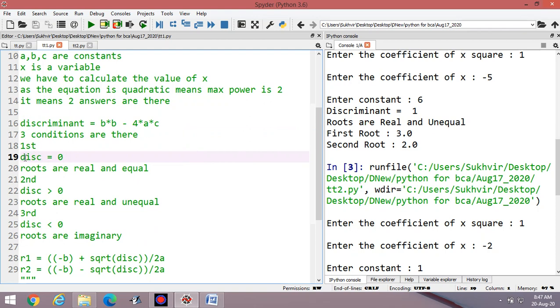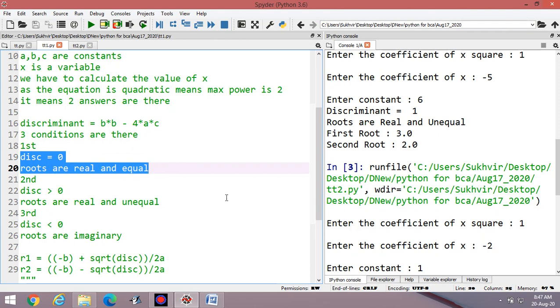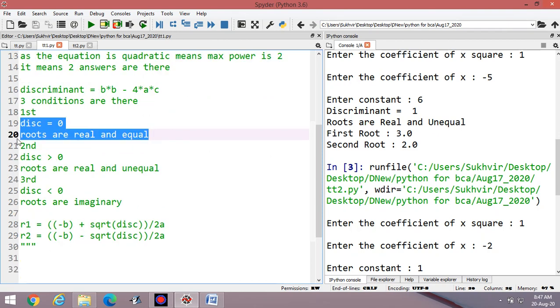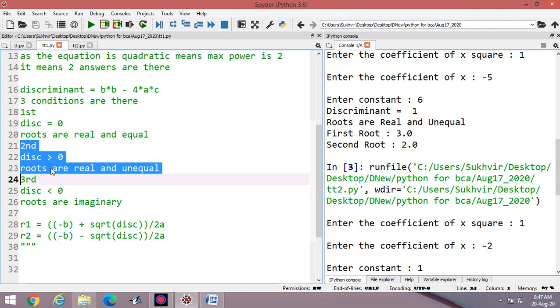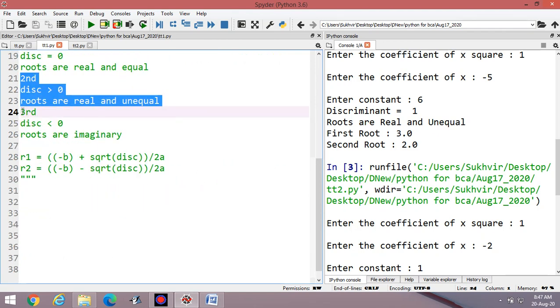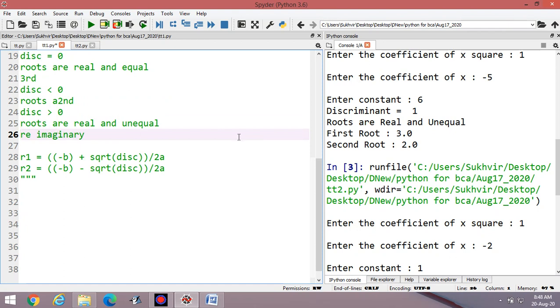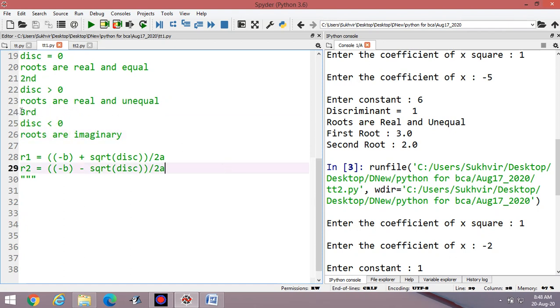First one, if discriminant is equal to 0, roots are real and equal. Second one is if discriminant greater than 0, then roots are real and unequal. What about third one? If discriminant less than 0, then roots are imaginary. Then you have to apply this formula. R1 is minus B plus square root discriminant divided by 2A and R2 is minus B minus square root discriminant divided by 2A.